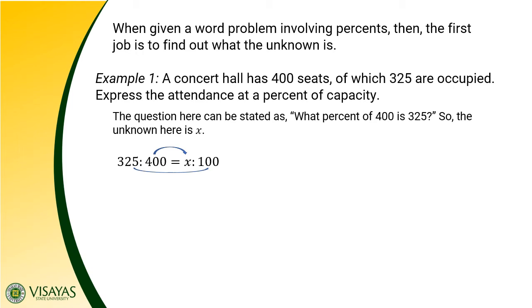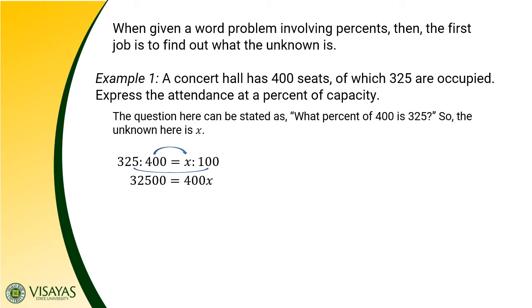Okay? We just multiply the extremes and the means. The means here are 400 and x, and the extremes are 325 and 100. Just multiply 325 times 100, that is 32,500, and 400 times x, that is 400x.